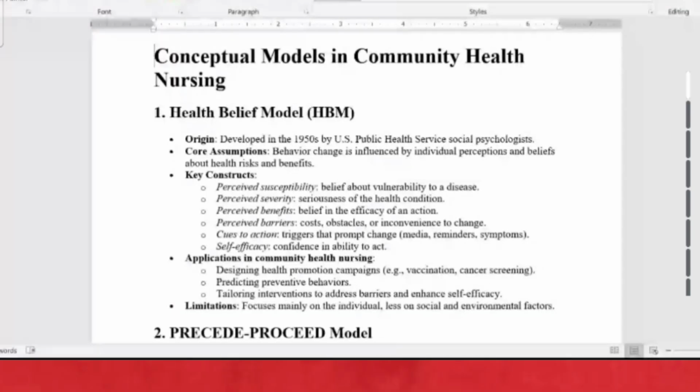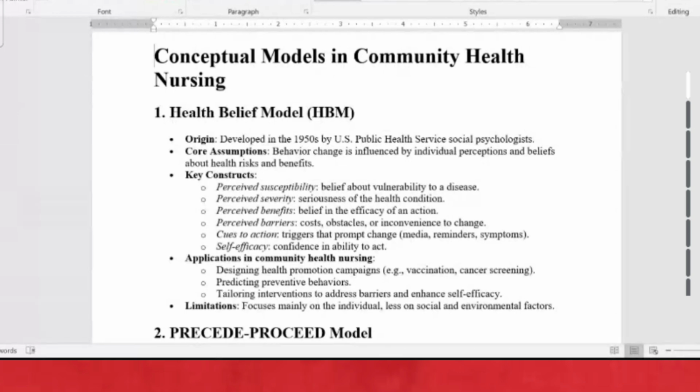Vulnerability is about the risk. How at risk are you in a particular society? How can you get a particular disease? And it is because of our behavior. When we change our behavior, we can avoid these particular risk behaviors.